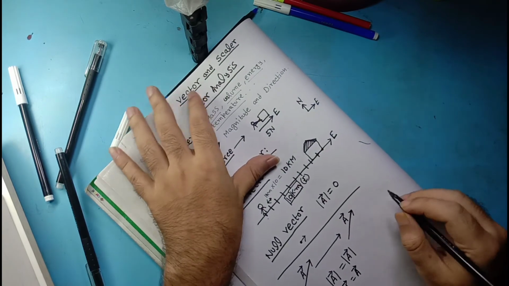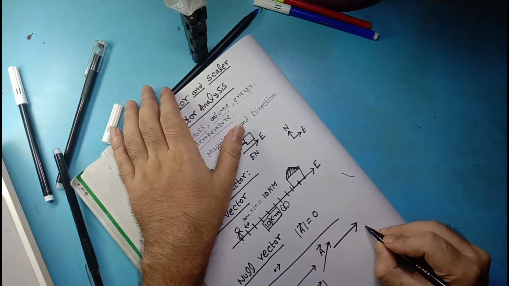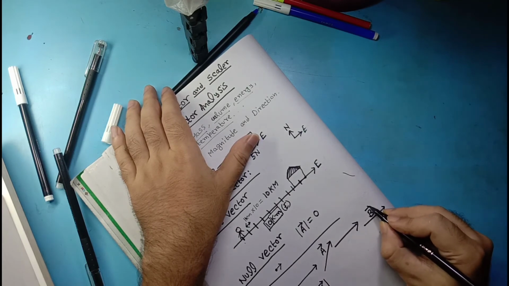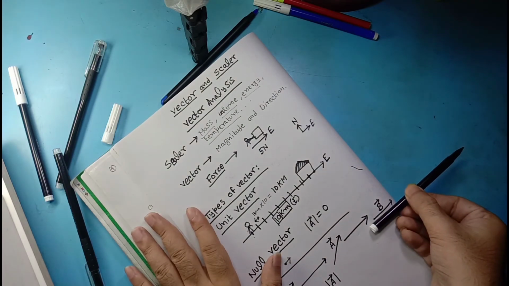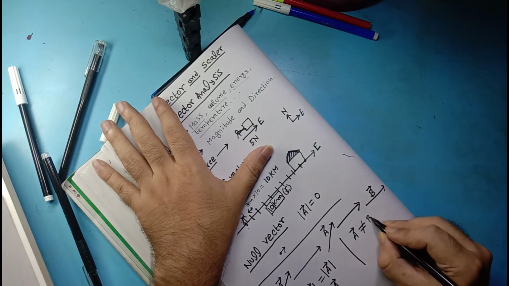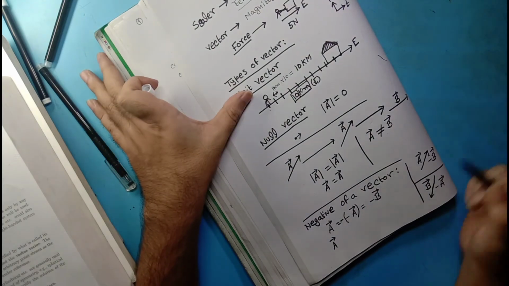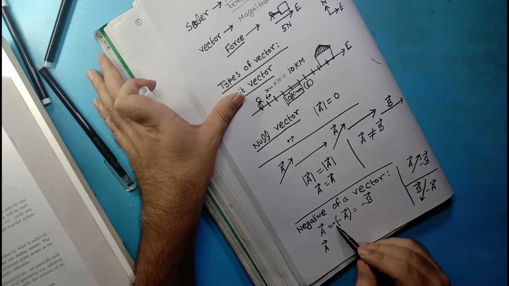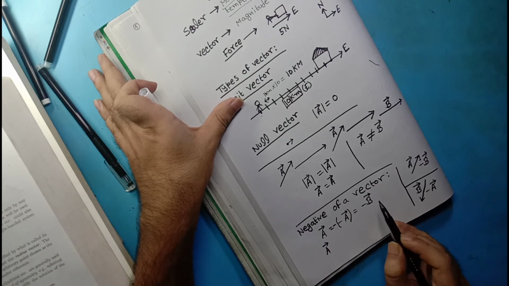Another thing: if we move it here but rotate the vector like this, so this is vector b, and we take vector a like this and move it here, then vector a is not equal to vector b. What is a negative vector? It's simply any vector represented by a, we can take the minus of it, minus a, and it can also be represented by minus b vector.